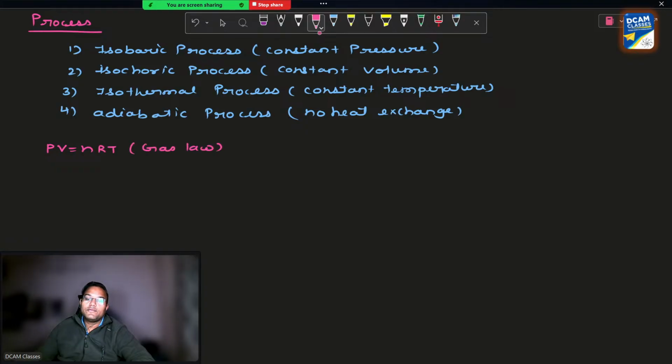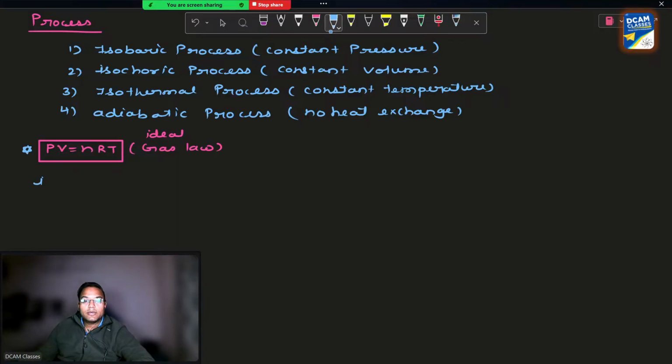That applies for every ideal gas. There are a few changes in real gas, but all the gases that we study here are treated to be ideal gases. That's one important thing.